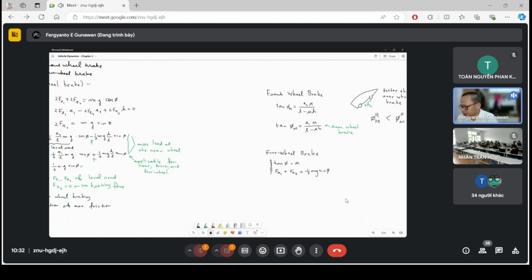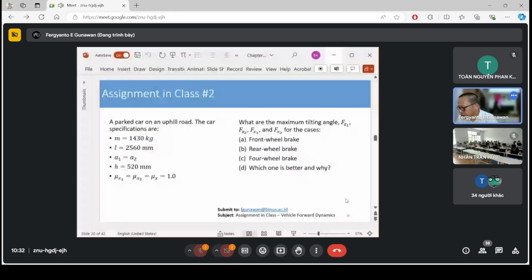I'm going to ask you to solve a very simple problem down here. This will be the second assignment for you today. Your job is to compute the maximum parking, tilting angle for the case of four wheel, front wheel, and rear wheel, and you have to choose which angle is bigger.